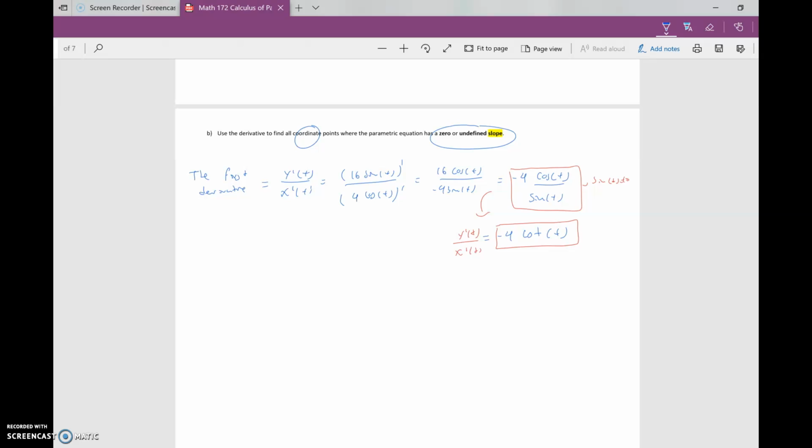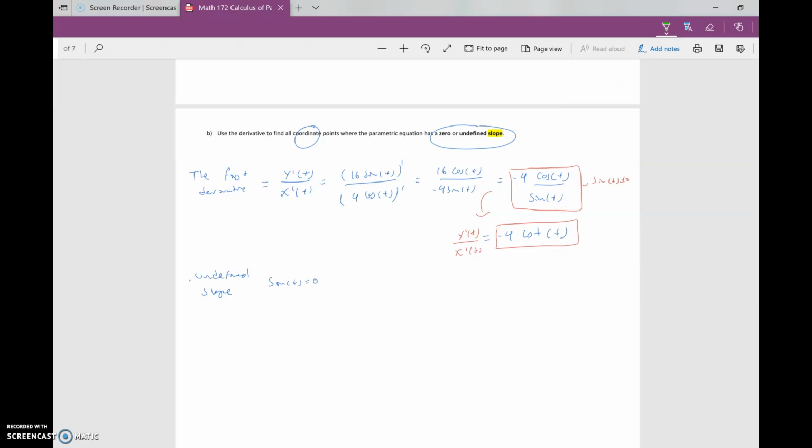Okay, so let's actually find the coordinate points where it's going to be undefined slope. So for undefined slope, you can technically just look at basically the values of where sine of t is equal to 0.